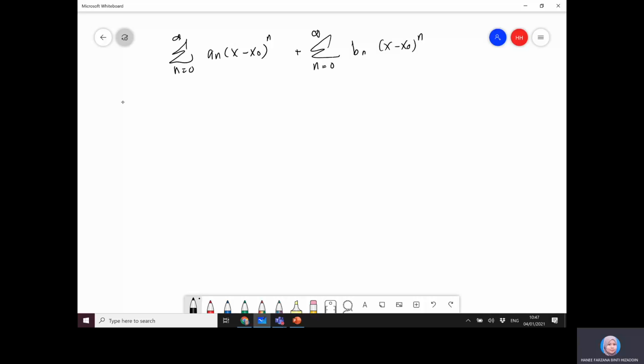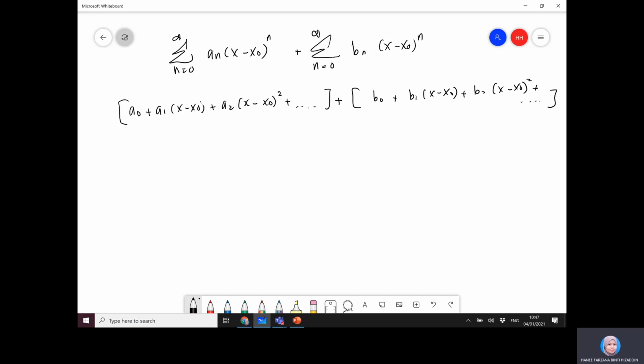When you expand each term, you have a naught plus a1 times (x minus x naught), plus a2 times (x minus x naught) squared, and so on. And then plus the b series, so you get b naught plus b1 times (x minus x naught) plus b2 times (x minus x naught) squared, and so on and so on.